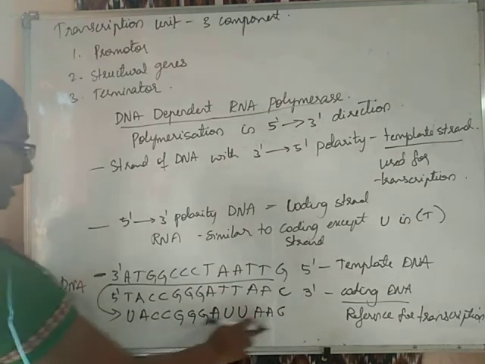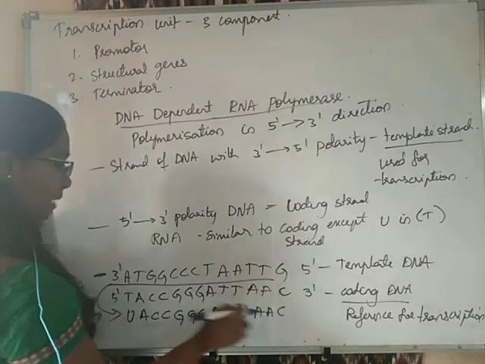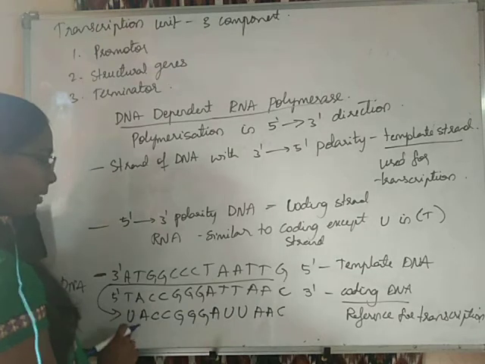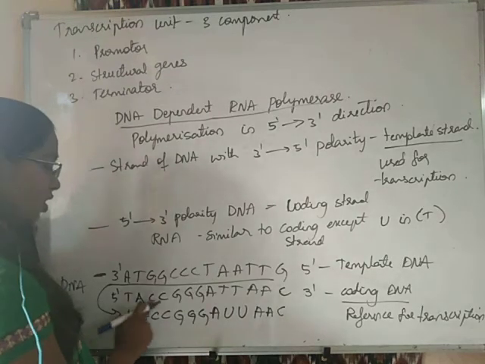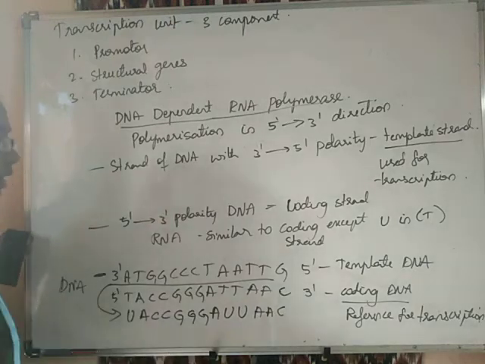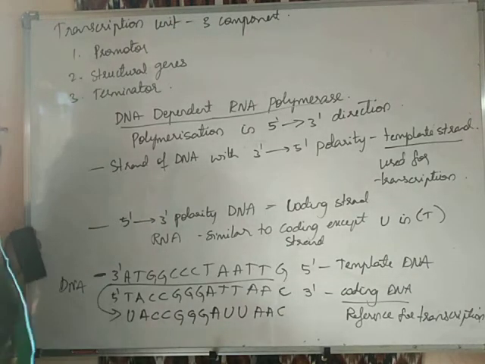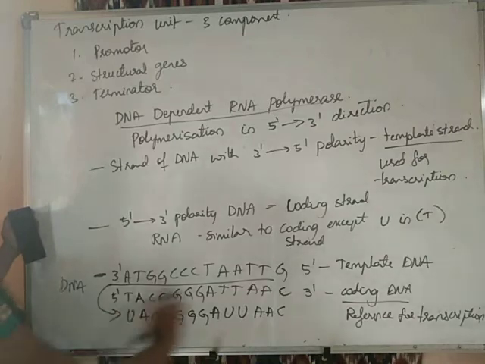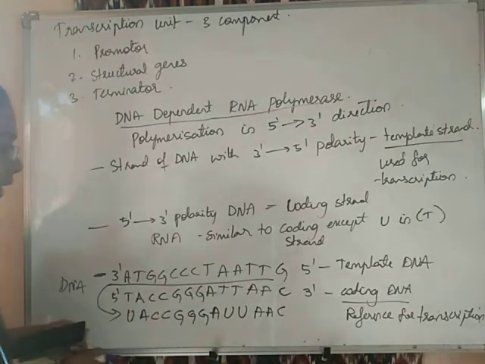This RNA is the same as the coding DNA, except where thymine is present it contains uracil, otherwise it is completely the same. Maybe for that reason it is called coding DNA. So, this is about coding DNA.